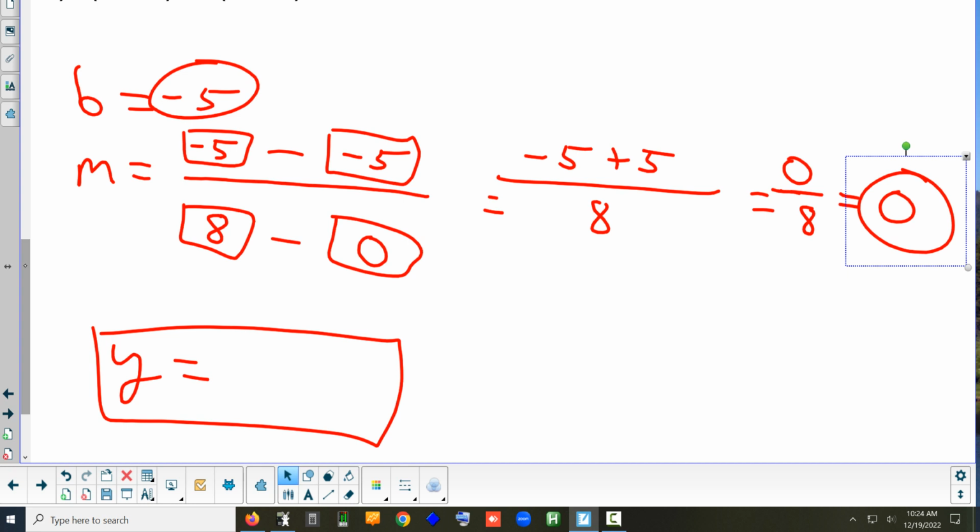And what happens with the 0x? It just cancels out. So the only thing we get over here is just a number. Just y equals -5. And that's writing an equation with 2 points. Any question on that?